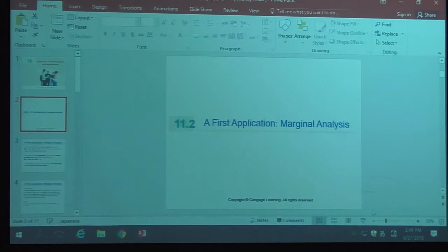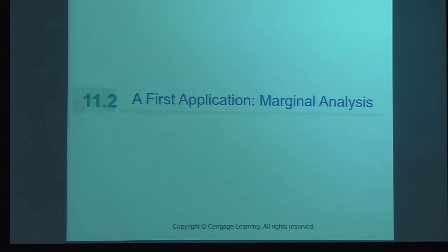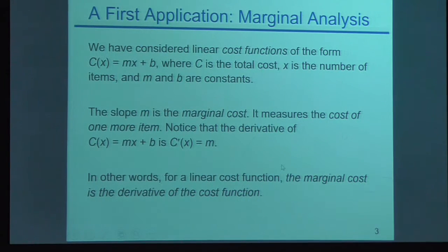Okay, marginal analysis. I think we skipped over this. So we have considered linear cost functions of the form C of x equals mx plus b. This is cost, and this is what's called a linear function. It's a straight line. C is the total cost, x is the number of items, and m and b are constants.